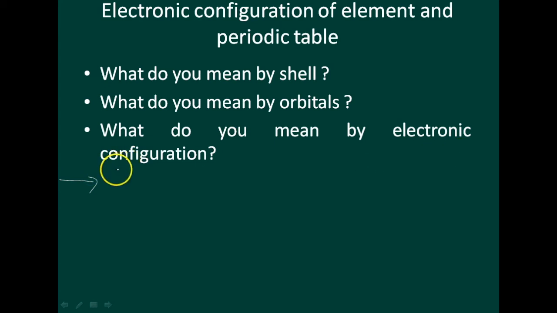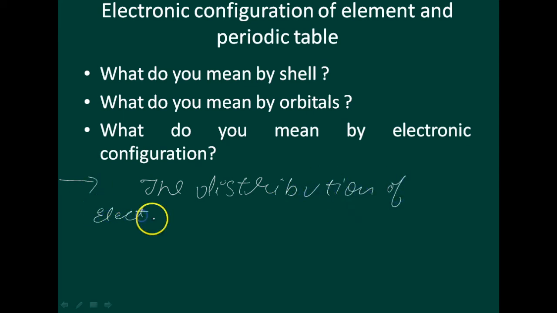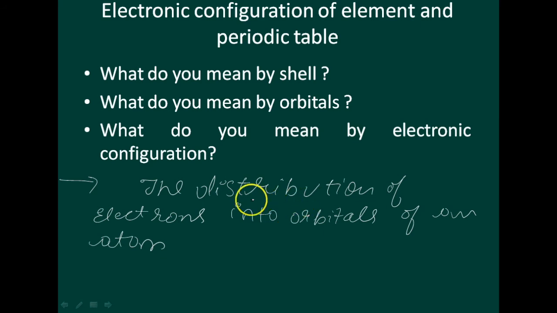The distribution of electrons into orbitals of an atom.